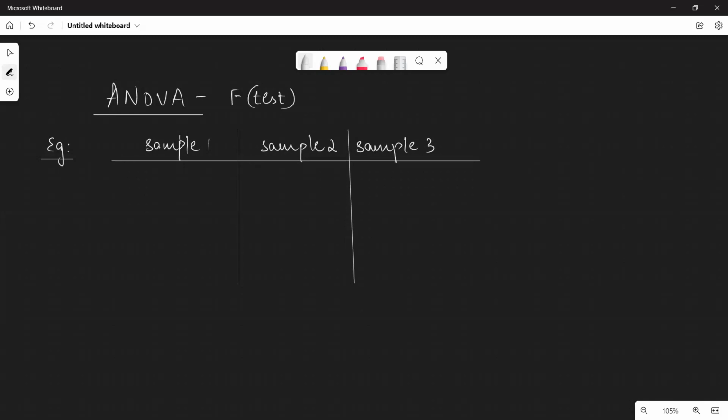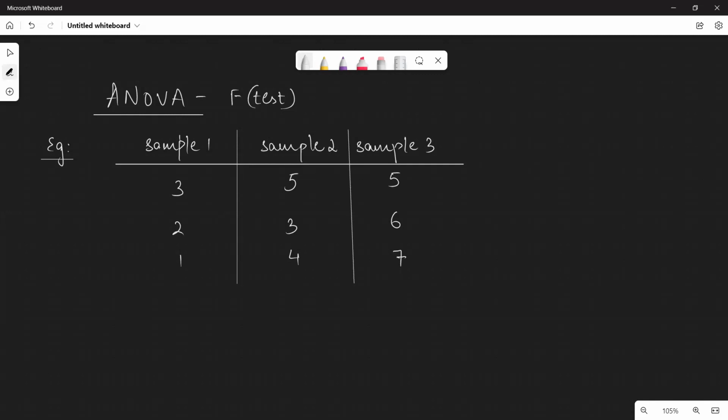Now, let's say 3, 2, 1. These are the numbers which are given to us.